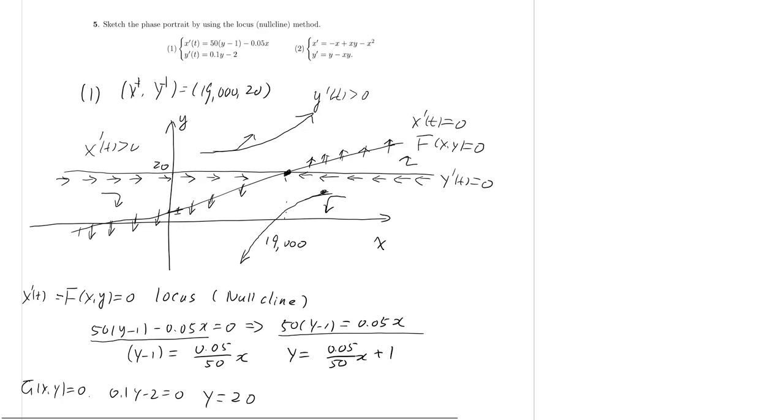Each line over here represents a solution. Wherever you start, that's called the initial value. And these two regions are pretty easy to do. But if the initial value is over here, what are the dynamics going to do to this point?